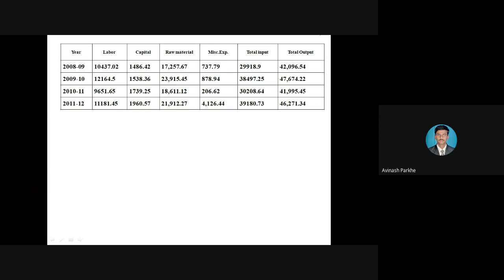Okay, so this is the table I have taken. Here the 2008-9 is there, and this is the total input.